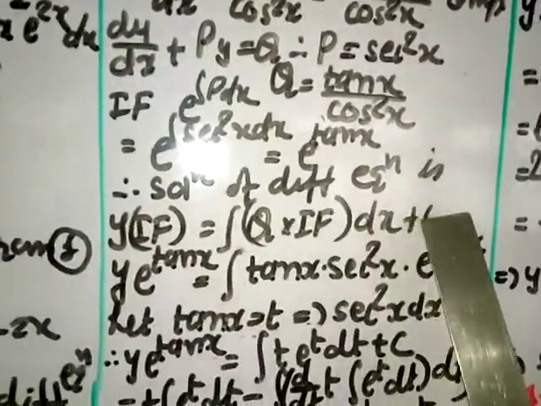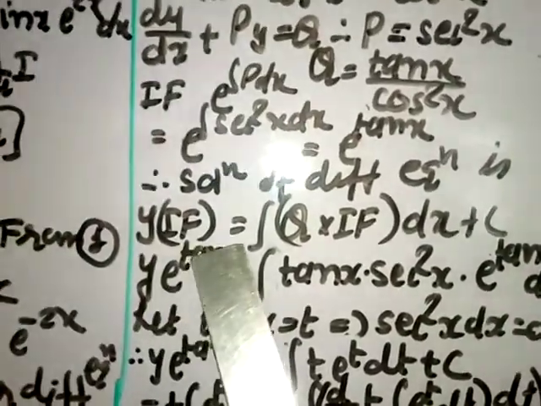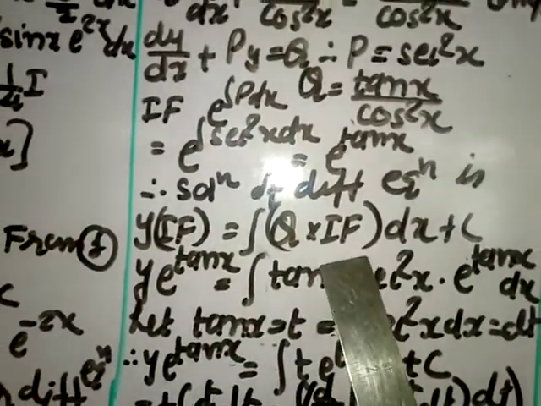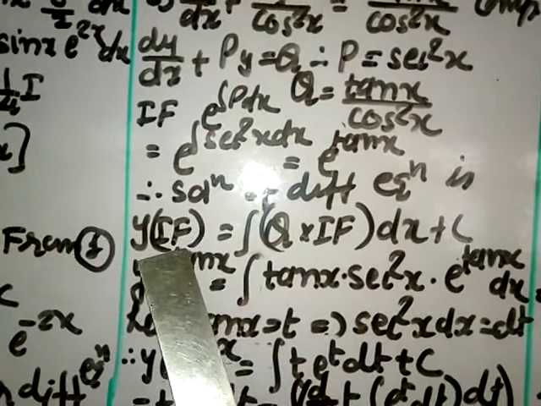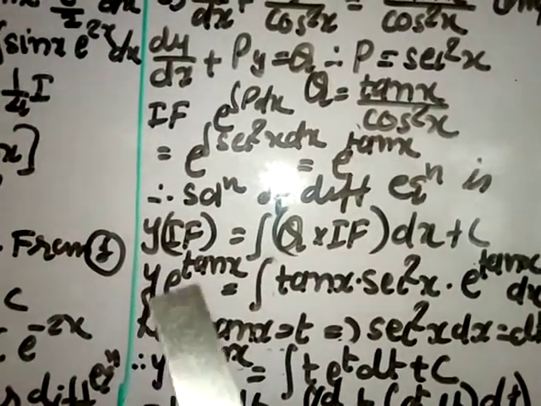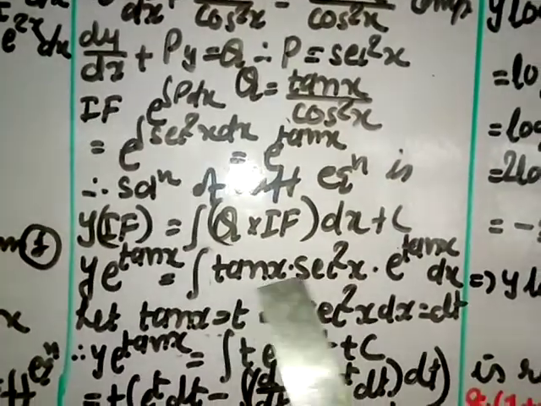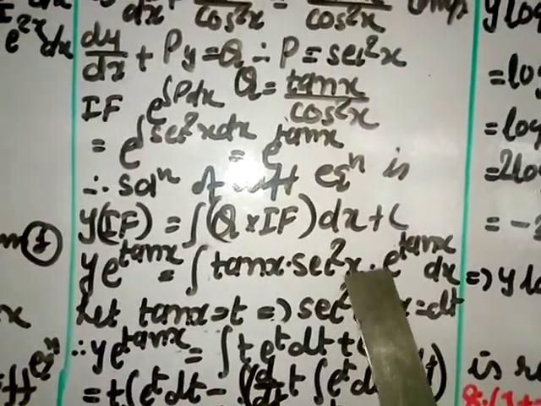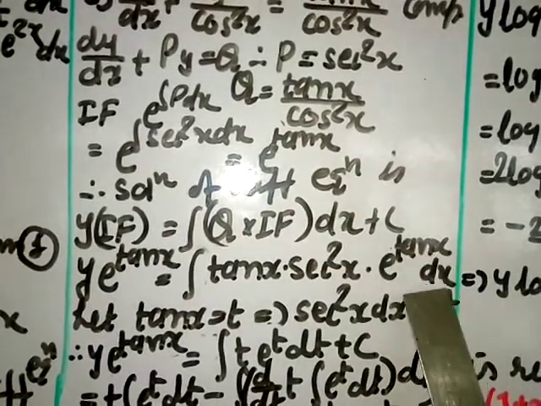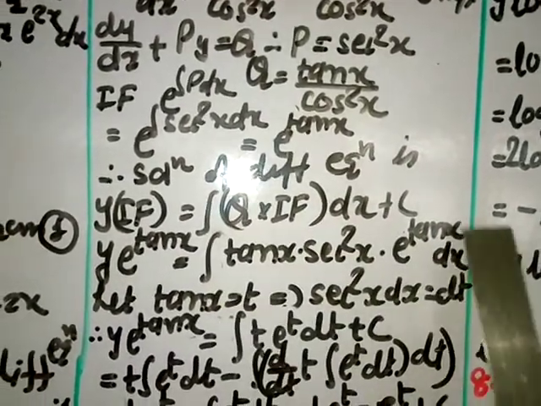The solution is given by y times the integrating factor equals the integral of Q times the integrating factor dx, plus c. Putting in the values, y e^(tan x) equals the integral of Q, which is tan x/cos² x, written as tan x sec² x, times e^(tan x) dx. Here I will use the substitution method.